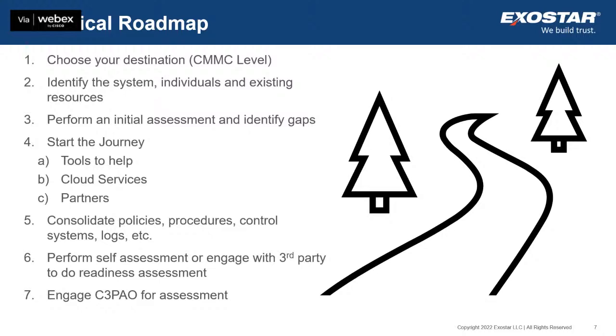So how do I put that in one place? How do I make it accessible so when that assessor does come, they have a nice, easy job to do? I can provide all the information I have for them, and so we can get through these assessments in as quick and easy a manner as possible.